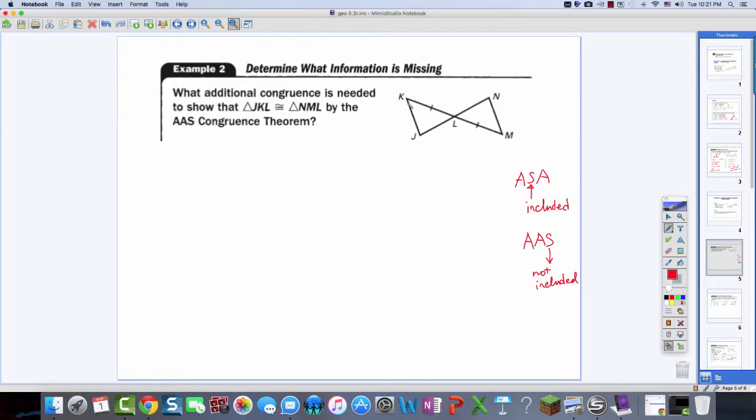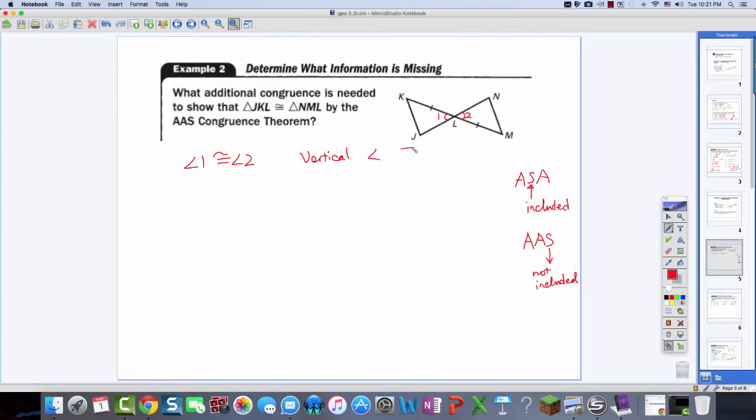So let's see, what additional congruence is needed to show these two triangles are congruent by the AAS congruence theorem? I know that I have one set, I call this angle 1 and angle 2. Angle 1 and angle 2 are congruent, and that's because they are vertical angles.